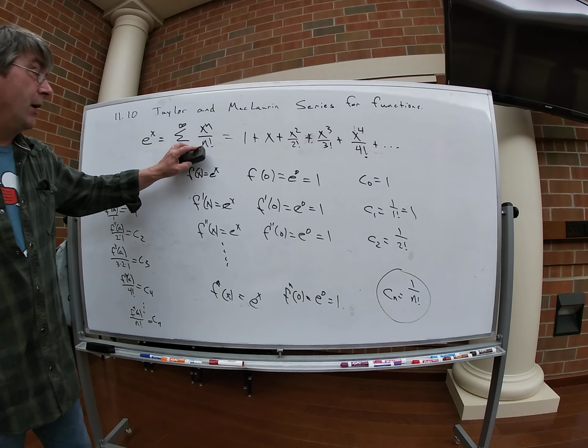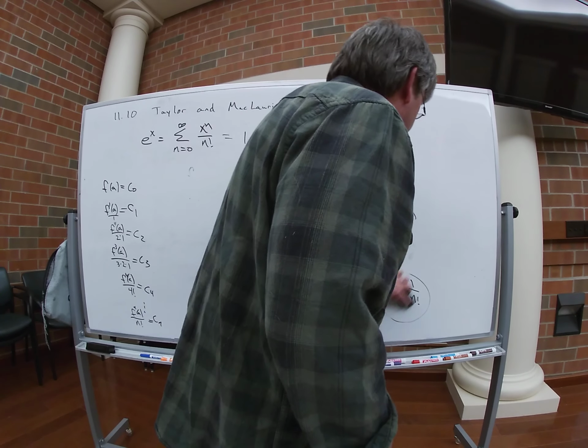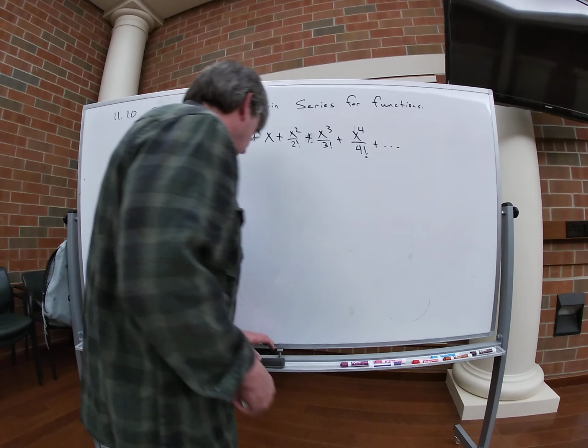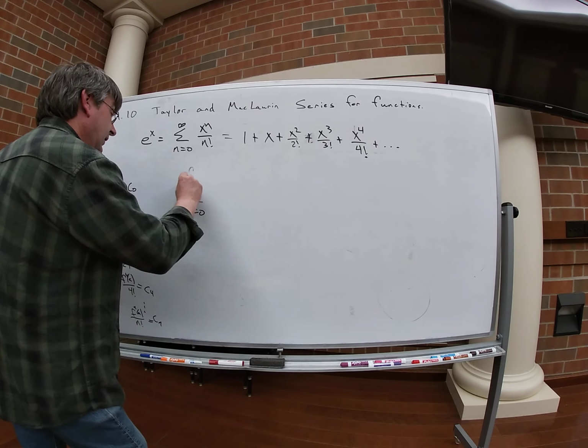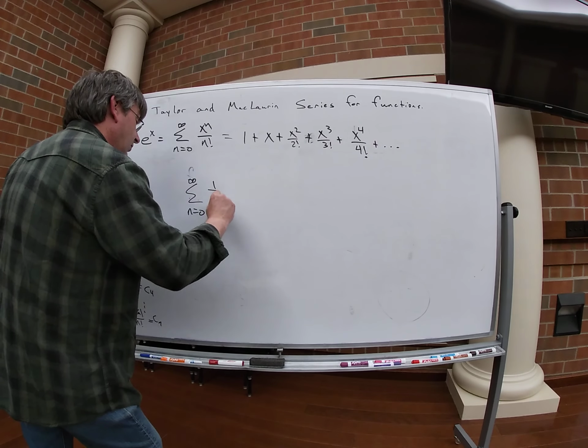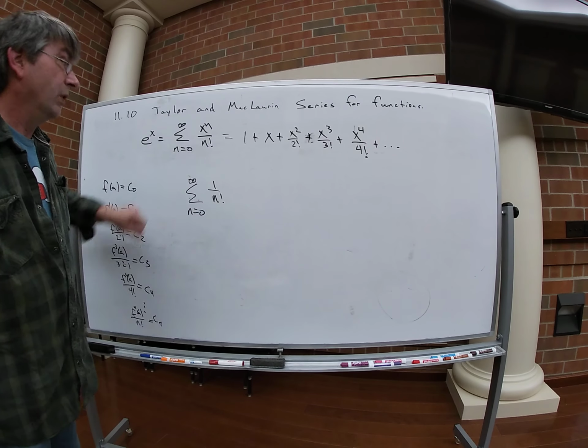In fact, if I add up all of the factorials, so this is one you may have tested back during the ratio test. If you had just the series sum n equals 0 to infinity of 1 over n factorial, you would have tested it to see that it converged absolutely. Of course, it's a positive term series, but you wouldn't have known what it converges to.